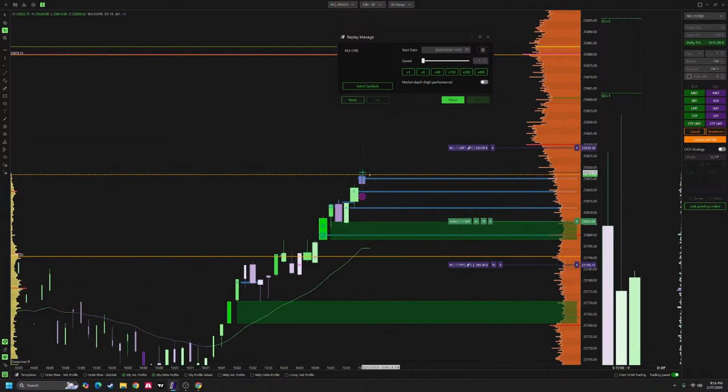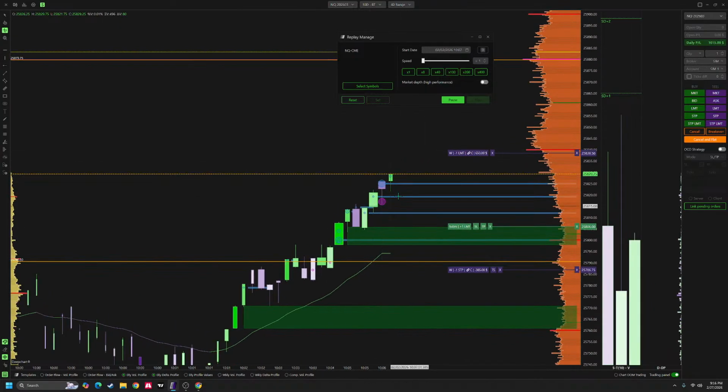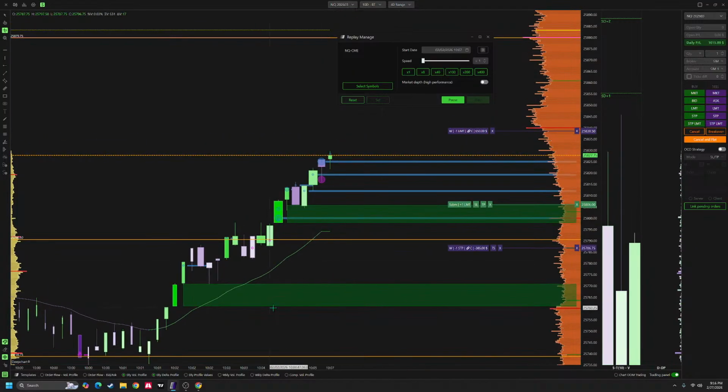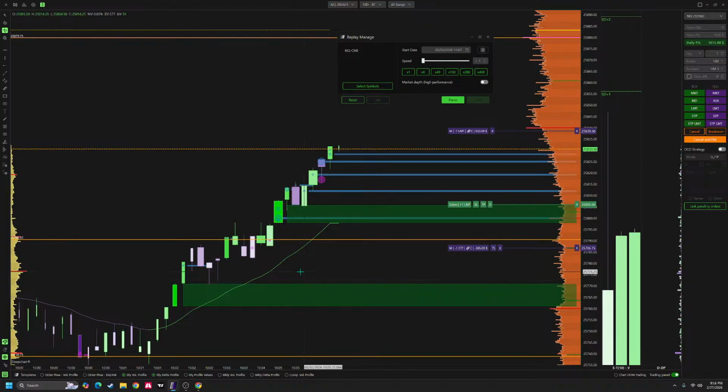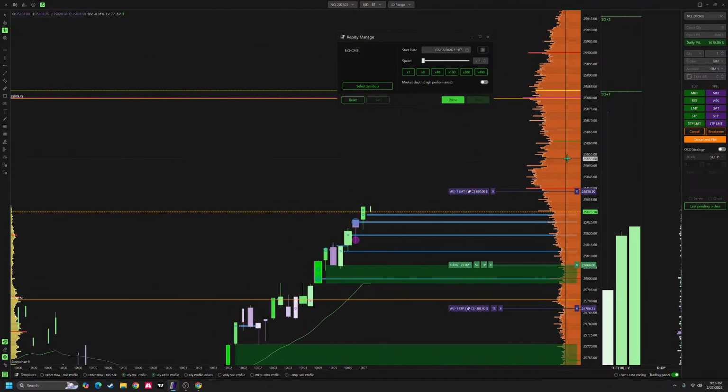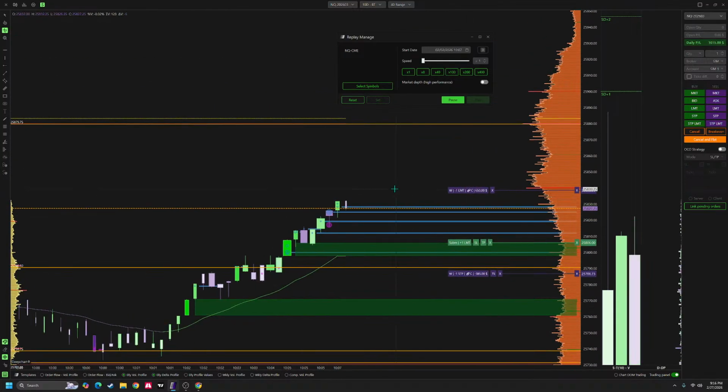This may actually give us some information too. So we have a little bit of a battle happening here. Aggressive buyers are actually pushing the price up. These aggressive sellers got absorbed. Price is continuing to push up. So it may not even come back. We're still looking for a pullback to one of these two zones to continue long.